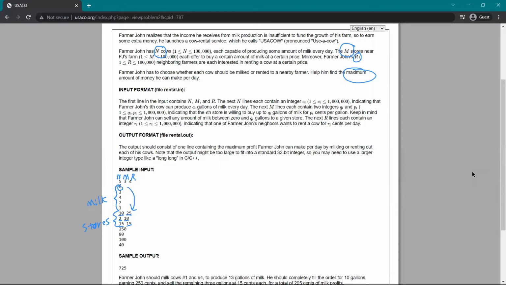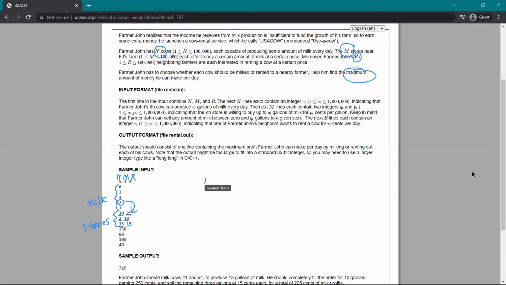Oh, I'm sorry. It wasn't 6 that was the most, it was 7 that is the most. So first we'll sell 7 of our milk to the highest price store. That means that here, I'll draw a graph real quick.